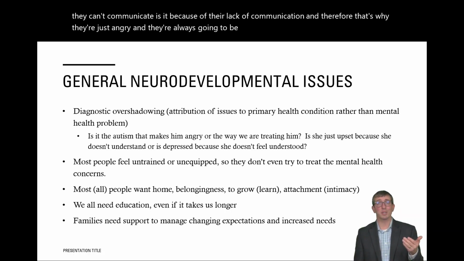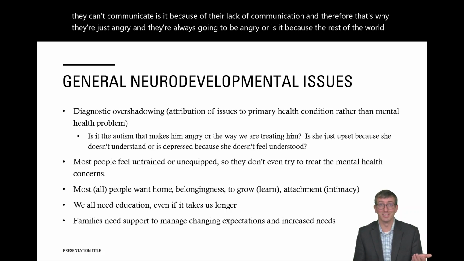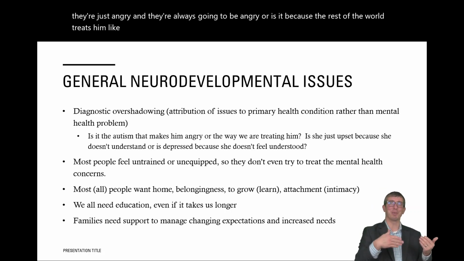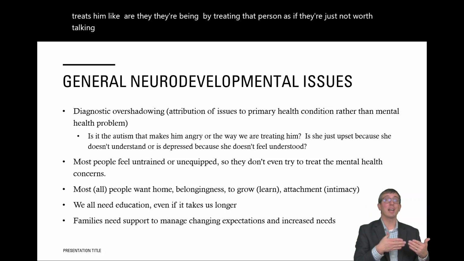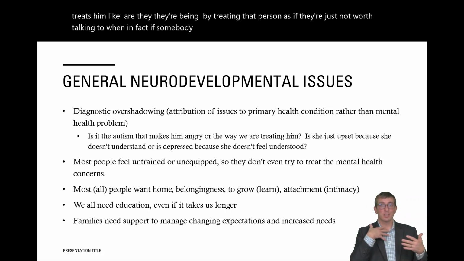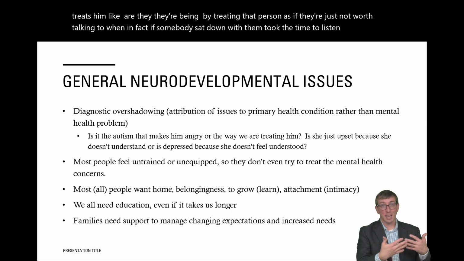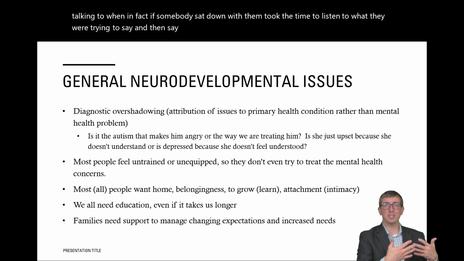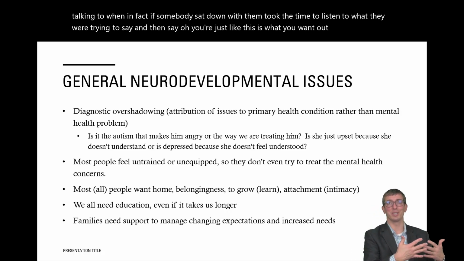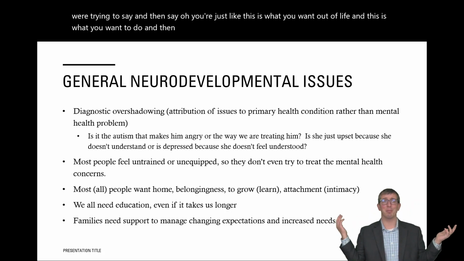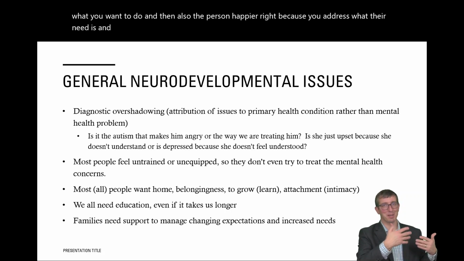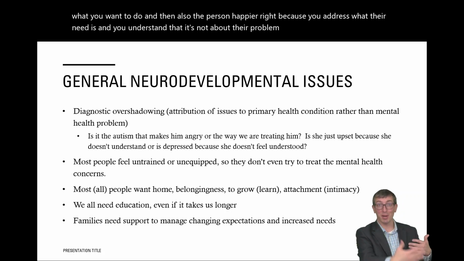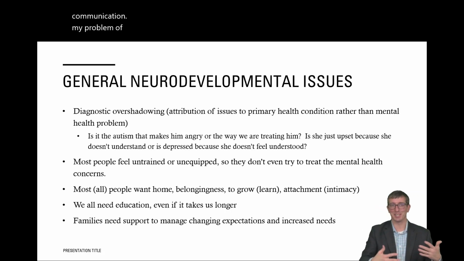Or is it because the rest of the world treats them badly, treating that person as if they're just not worth talking to, when in fact if somebody sat down with them, took the time to listen to what they were trying to say, and then said, oh, this is what you want out of life and this is what you want to do. And then all of a sudden the person's happier, right? Because you address what their need is and you understand that it's not about their problem of communication, but my problem of listening. Then these things kind of sort themselves out.